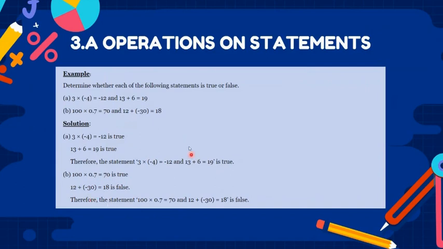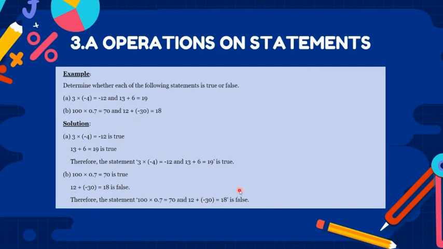For this question, as I stated just now, the word we're going to use is "and". It is very important to remember that when the word used in the statement is "and", you have to make sure both of the statements are true in order to make the overall statement true. Like for this question B, if one of them is false, like this one, then automatically the statement will be false.